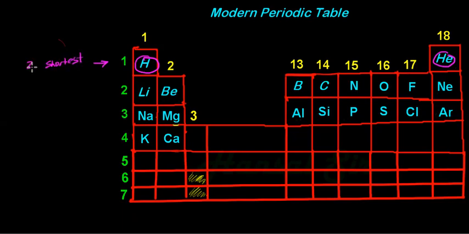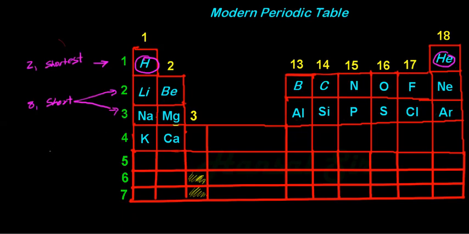Whereas period 2 and period 3 both have 8 elements and they are known as short periods.